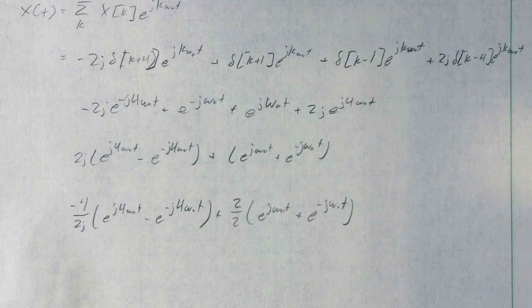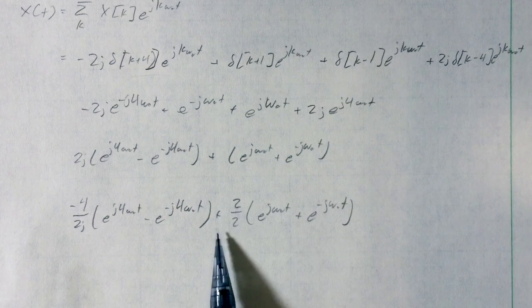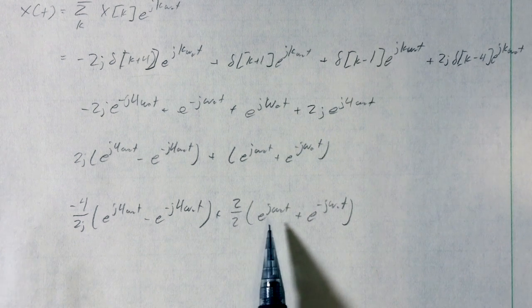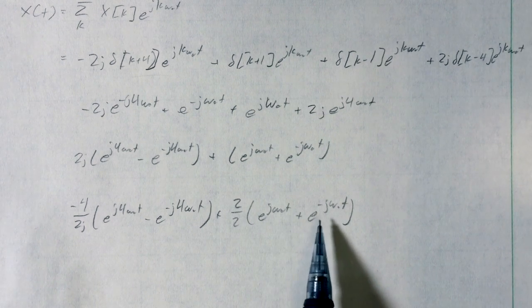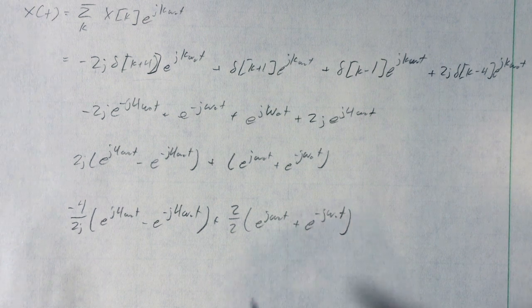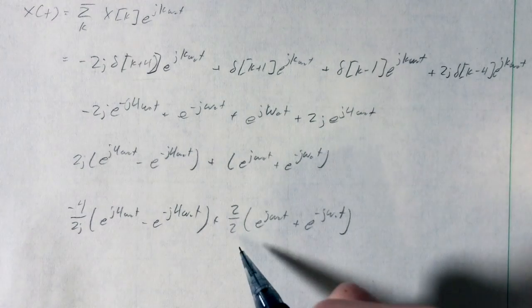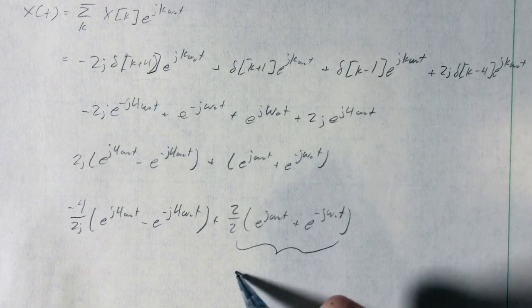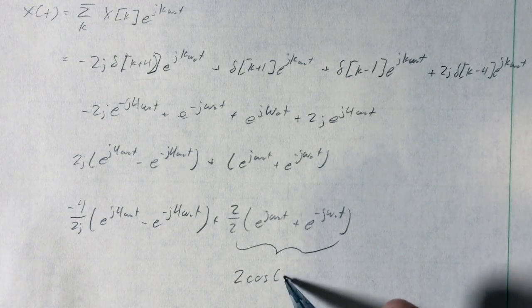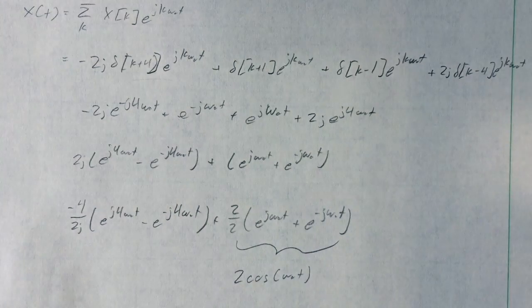And so now this should look pretty familiar. So 1/2 times e to the j omega naught t plus e to the negative j omega naught t is simply cosine omega naught t. So then all this right here is 2 cosine omega naught t.